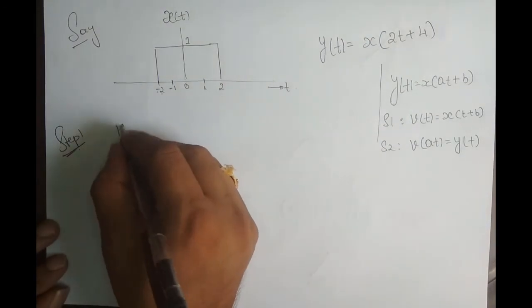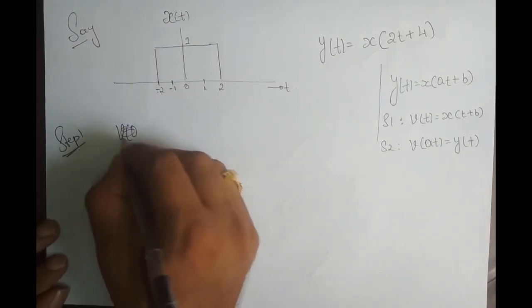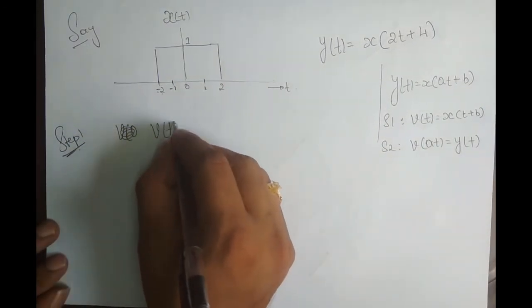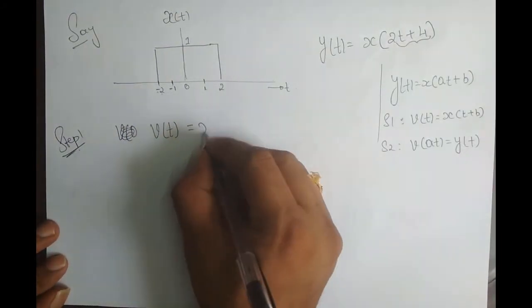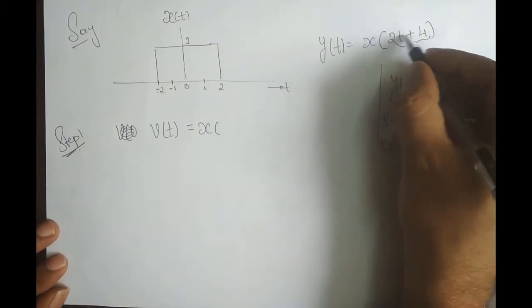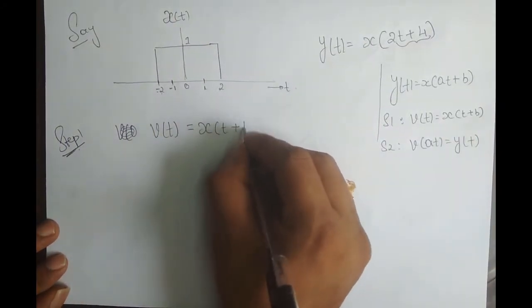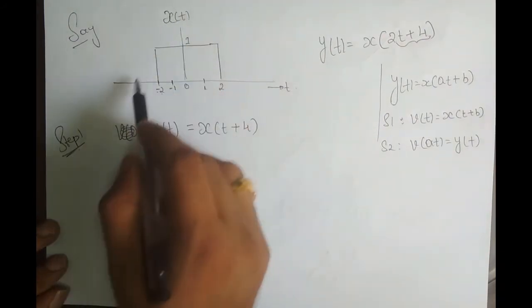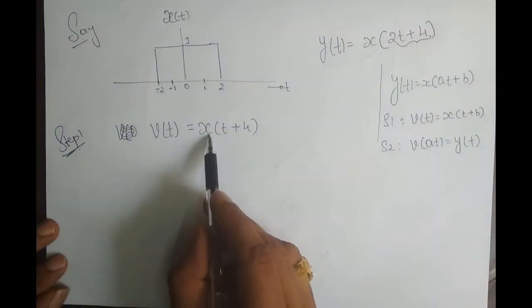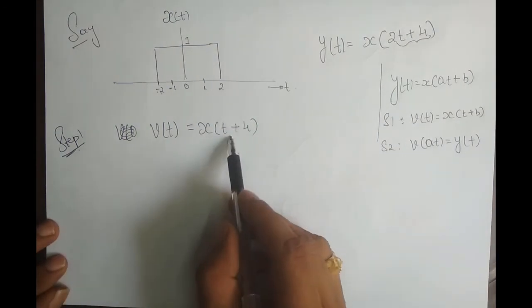Step 1. I want to sketch an intermediate signal v of t, which involves only the time shift operation, which is x of t plus 4, ignoring the scaling part. So if you know x of t, and x of t is a rectangular pulse, how do I get x of t plus 4? It is a shifting operation.